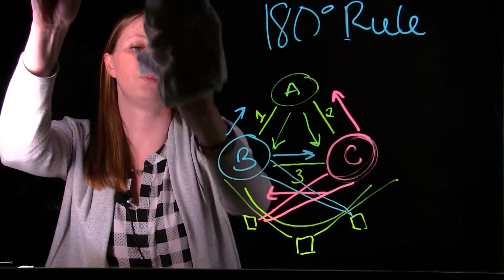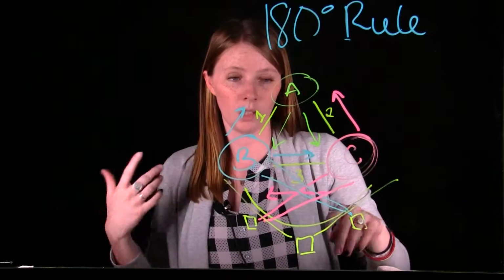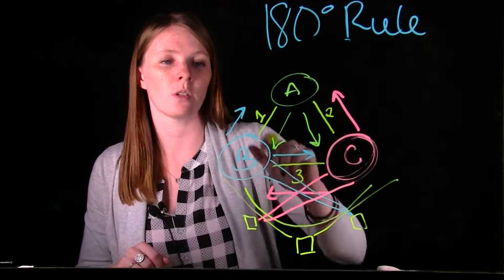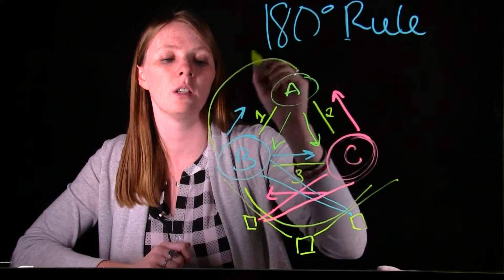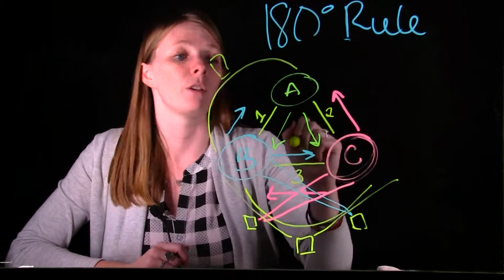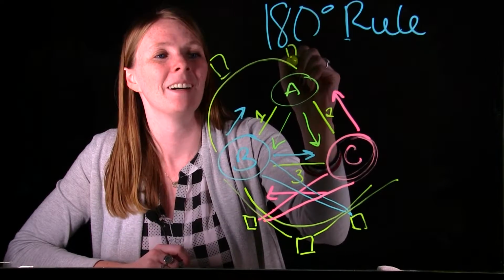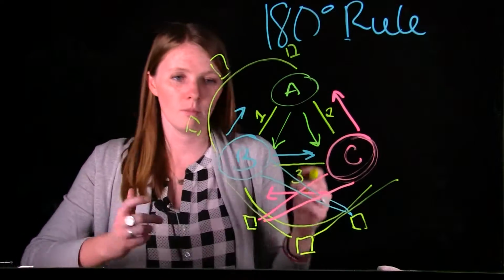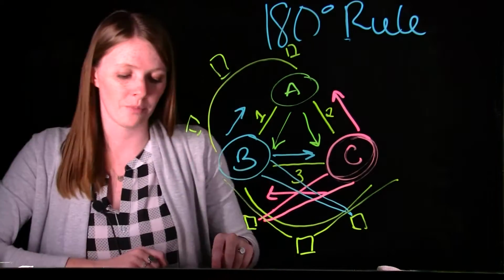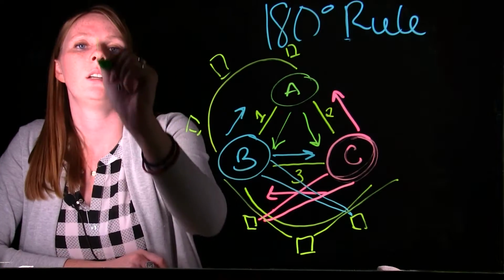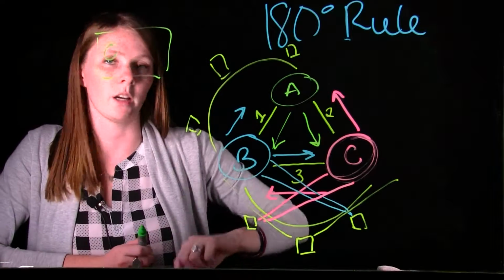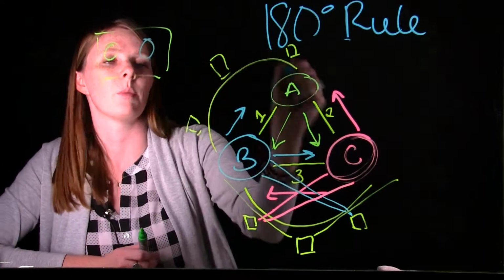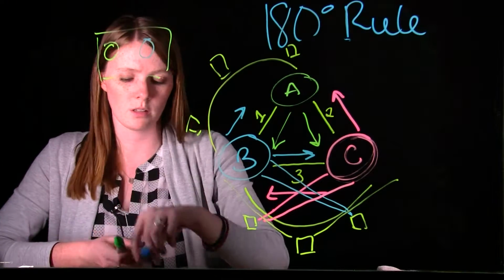Now, if we go back to A and B, right? So again, line of action is going to be on the exterior, just because I don't have enough room to write in the middle, right? It's going to flip, right? So now instead, character A is on this side while character B is on this side, depending on, you know, where the camera is.